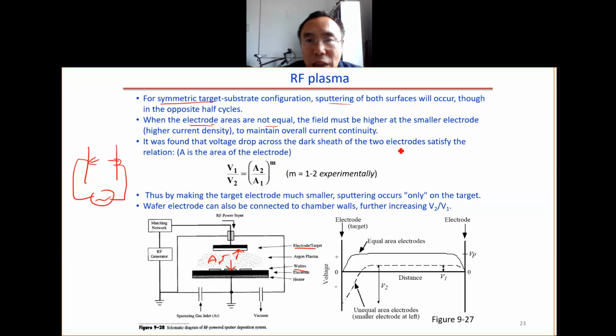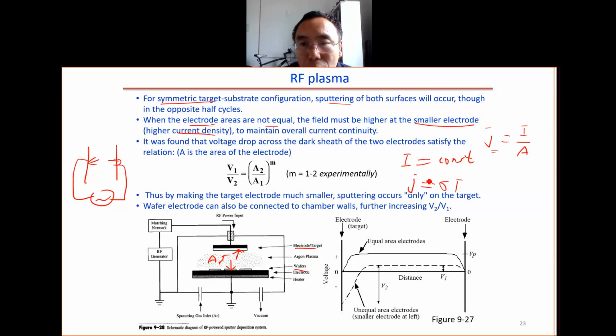So the current is constant. For the smaller electrode, the current density will be higher, because J equals current divided by the area. So smaller area gives you bigger current density.